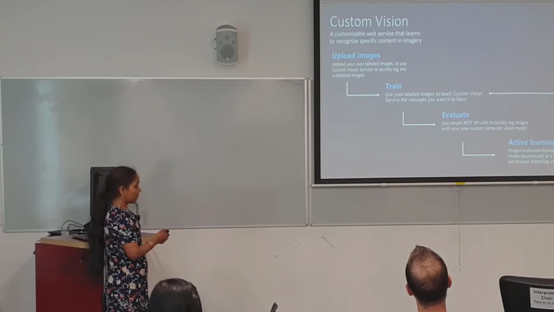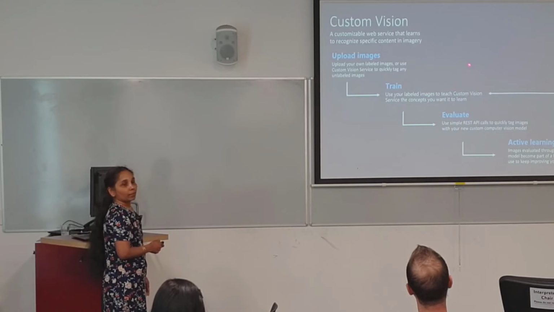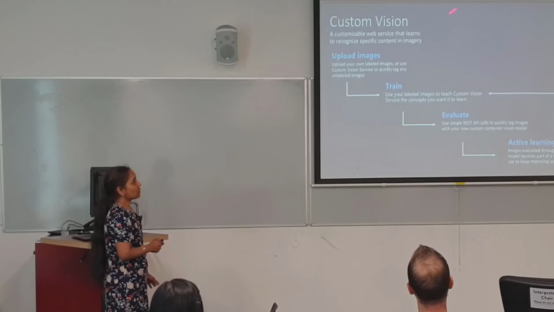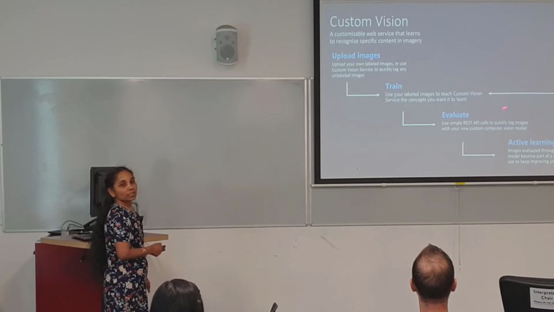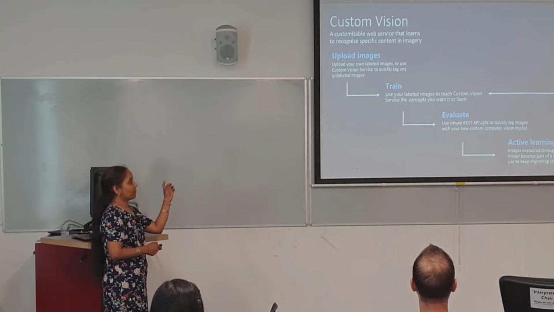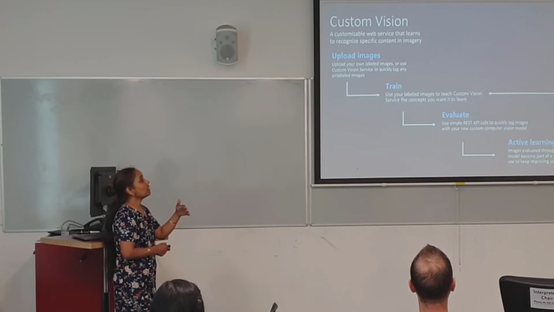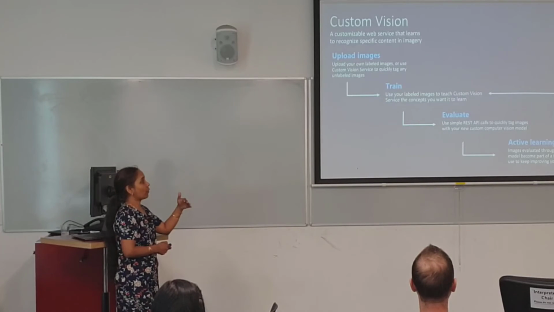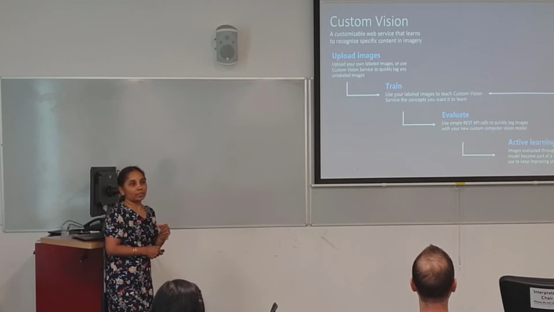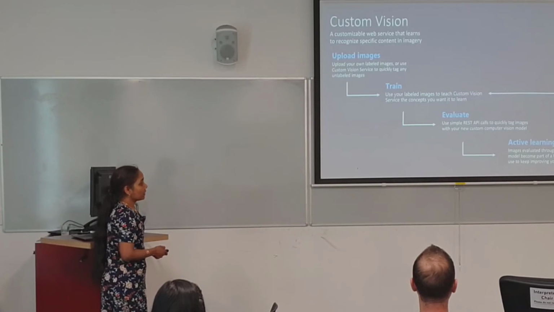Once you upload, you train with the labels. Then once you label the images and train, you can evaluate using a REST API. That REST API creates the prediction URL with some keys and endpoints. So those keys and endpoints, you can use in your applications.